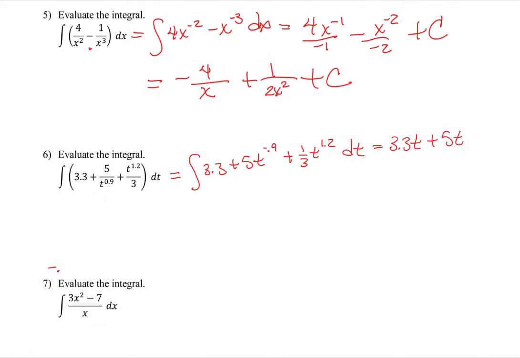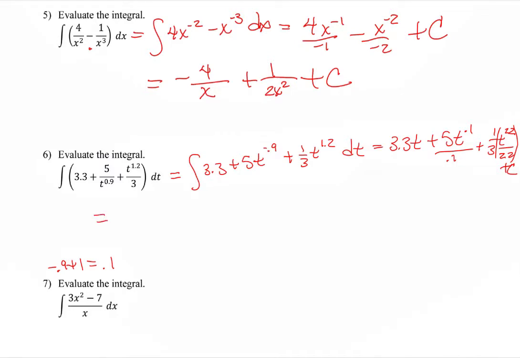What is negative 0.9 plus 1? Well, that's 0.1, right? To the 0.1 over 0.1 plus 1/3 t to the 2.2 over 2.2 plus c.